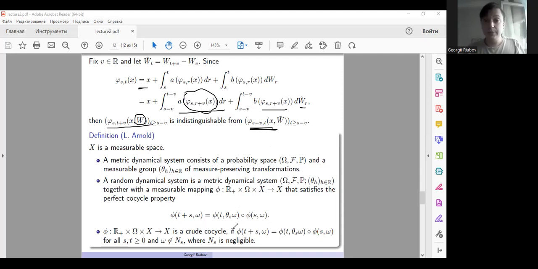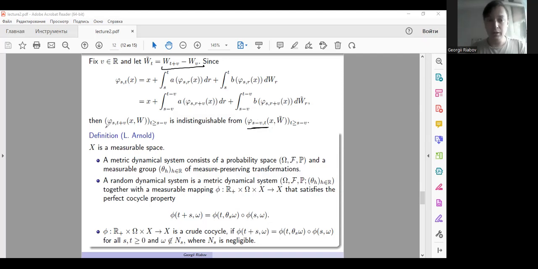In some sense, we add the dynamics of the noise into this picture. So as time goes by, the noise that drives the equation changes, and the process phi is just the same process, but evaluated at the changed noise.